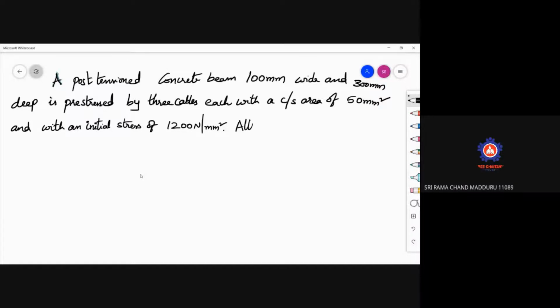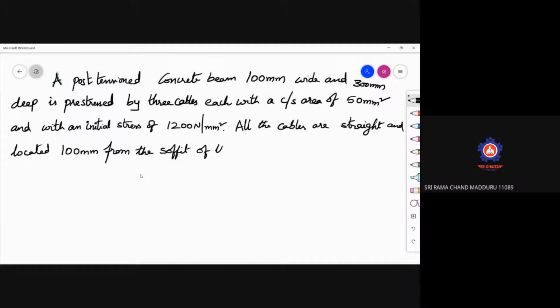All the cables are straight and located 100 mm from the soffit of the beam. If the modular ratio is 6, calculate.